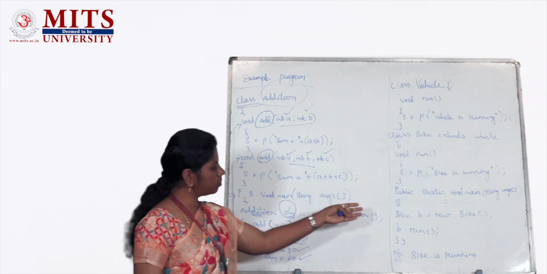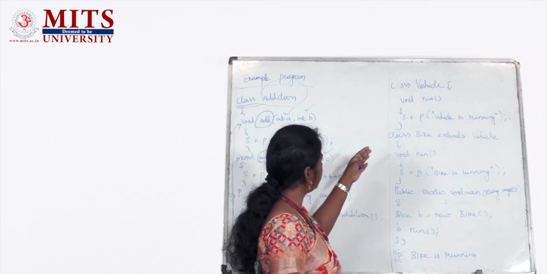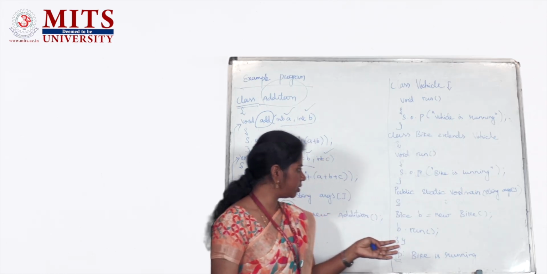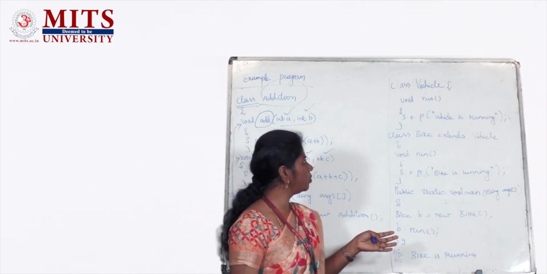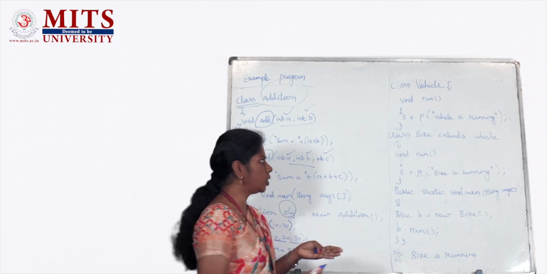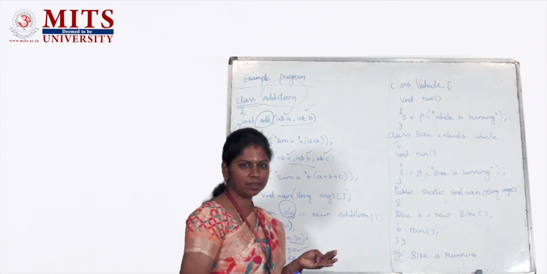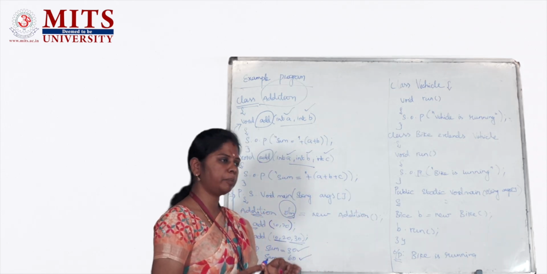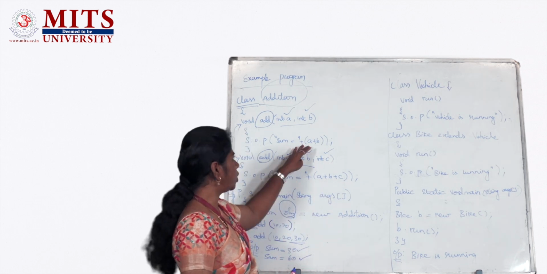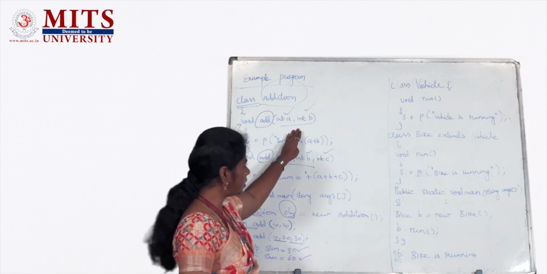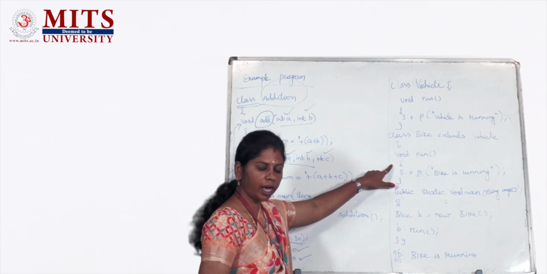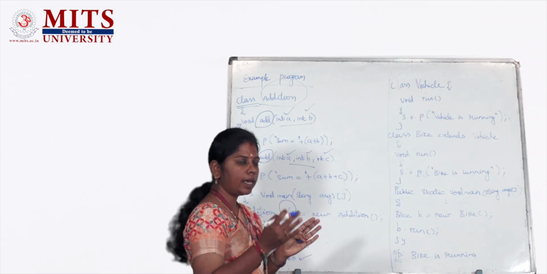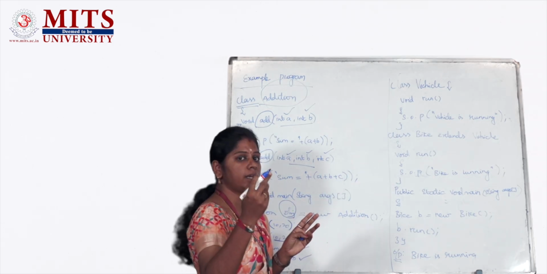Now let's come to our second example. This example is for method overriding. We already know what method overriding is, right? Here also we have multiple methods with the same name. In method overloading we should have a different parameter list. But in method overriding, we have the same method name and same parameter list, but in different classes.